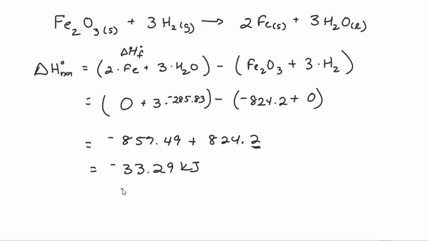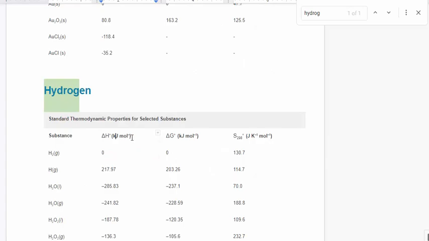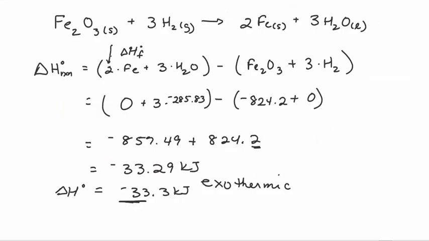It is exothermic because the delta H is negative. Now again, because the delta H of formation is listed as kilojoules per mole, and we are multiplying by the stoichiometric coefficients here, which are moles, those moles are canceling out. So all we're left with is the kilojoules.